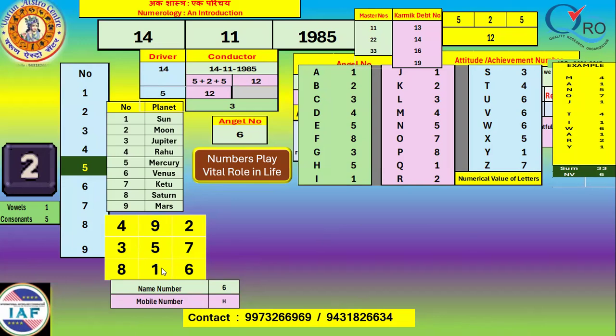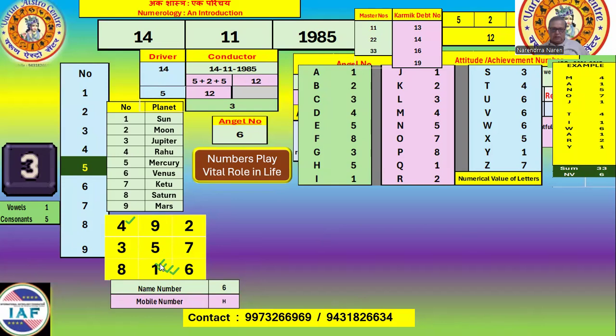1, 4, 1, 1. Thereafter, 1 again, 9, 8, 5. 5 again appearing, 3 here, 6 we have taken, 6 is again fitted, and 7 is not there, nor 2. So the missing numbers are 2 and 7 for the native.